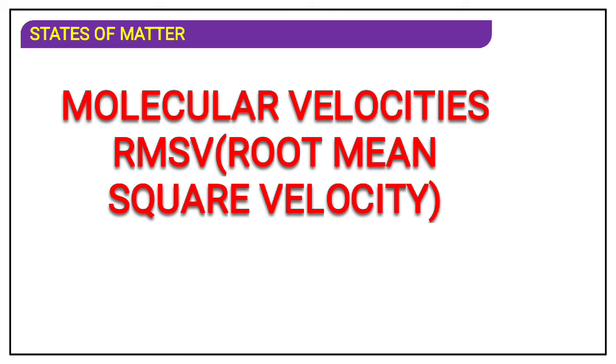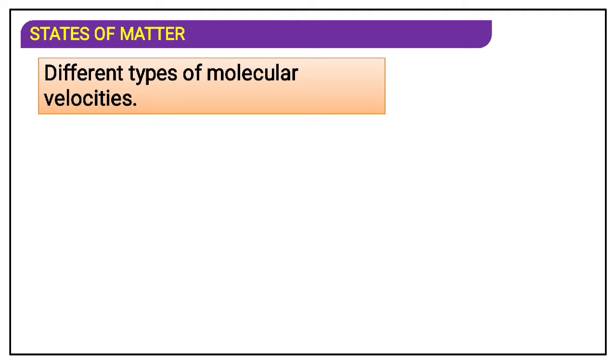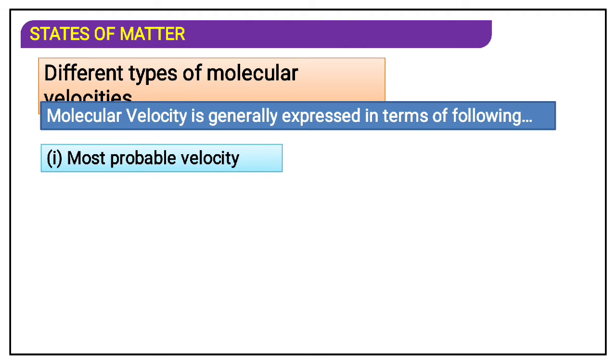Molecular velocities are of several types. The first one is root mean square velocity. The next is most probable velocity.